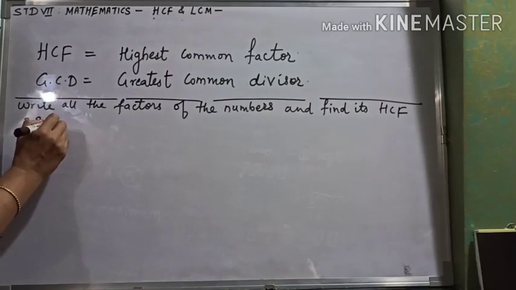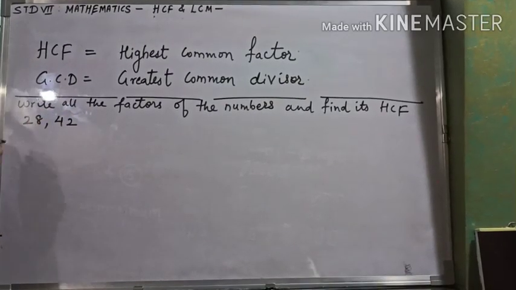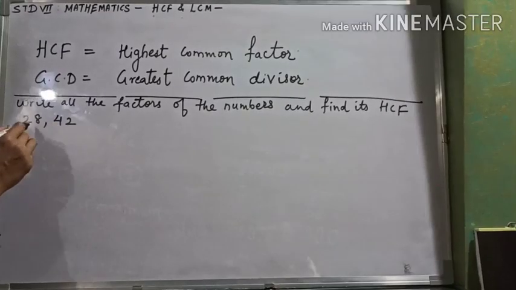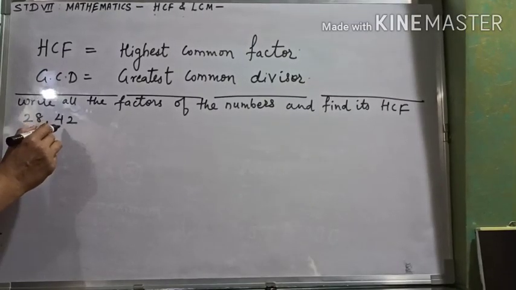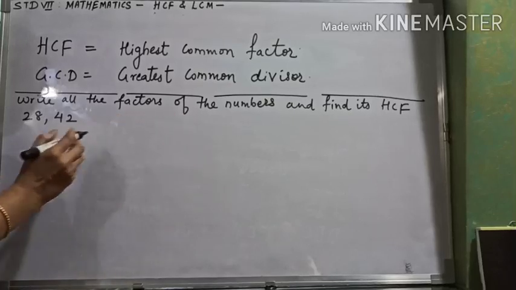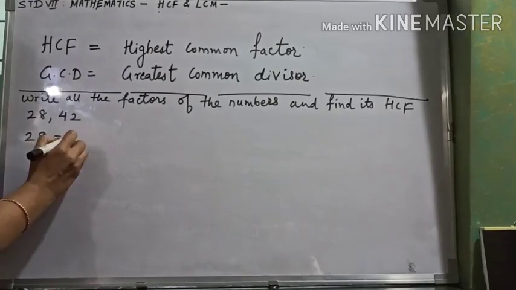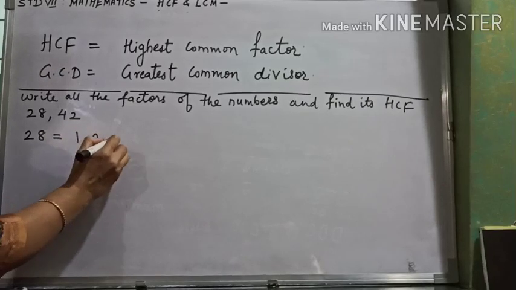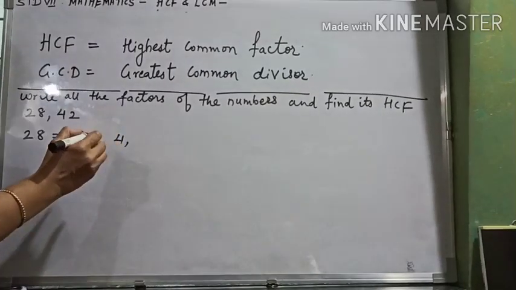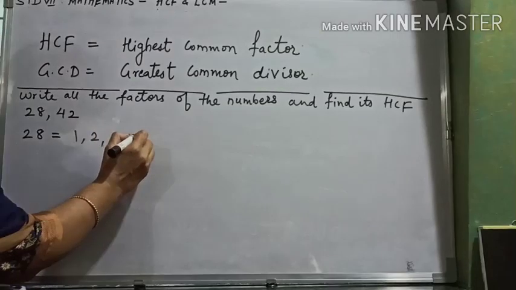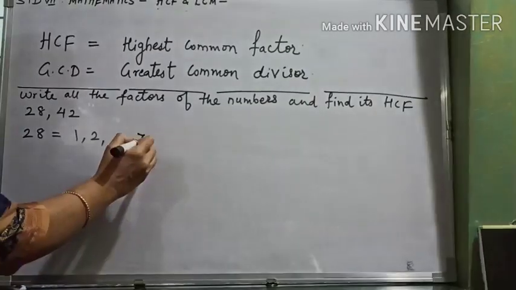So let us take two examples. This example 28 and 42. Here we will be writing the divisors of 28 and 42 in one line horizontally. So divisors of 28 are 1, 2, 4. It is not divisible by 6. Then go to 7.